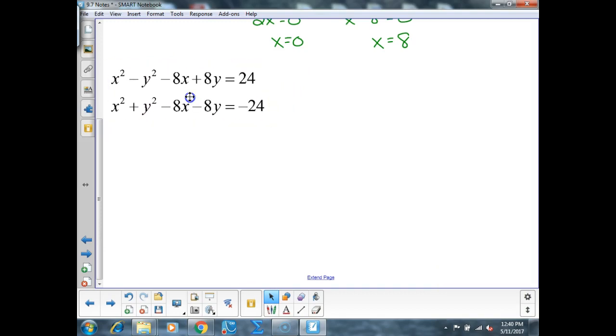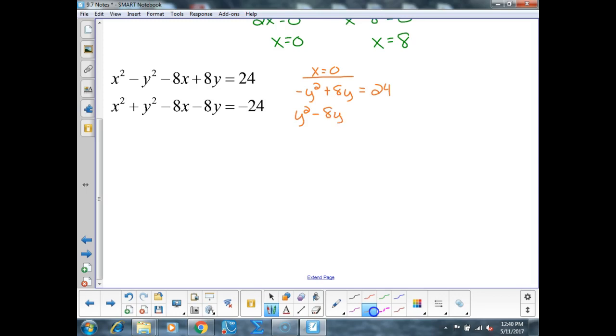That's why I get confused. So that's going to go away. Negative y squared, that's going to go away. Plus 8y equals 24. Right? Yeah. Okay. So that's going to be y squared minus 8y plus 24 equals 0, when you move it all over and get rid of the negative sign in front.